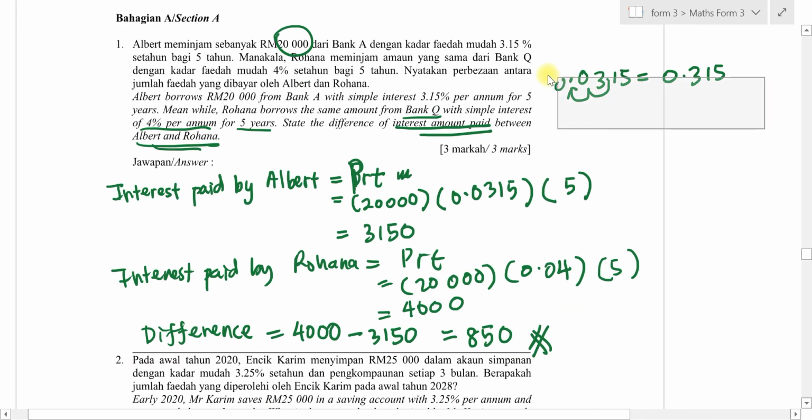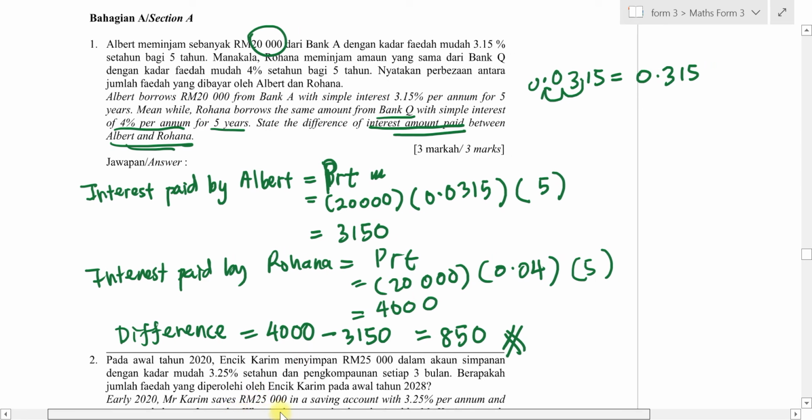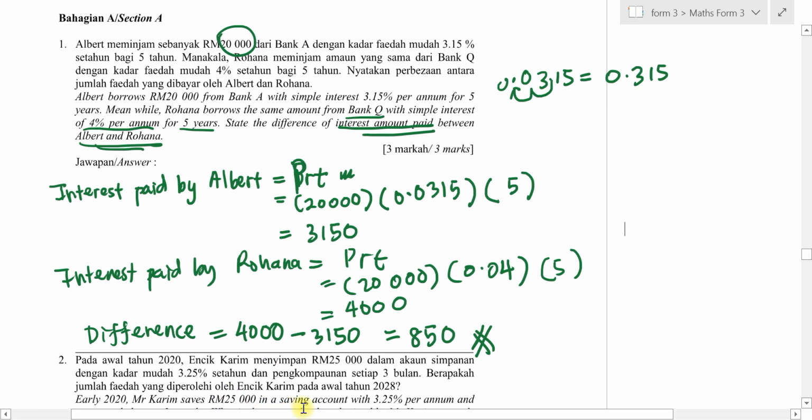Quickly copy this. We will continue this next week.